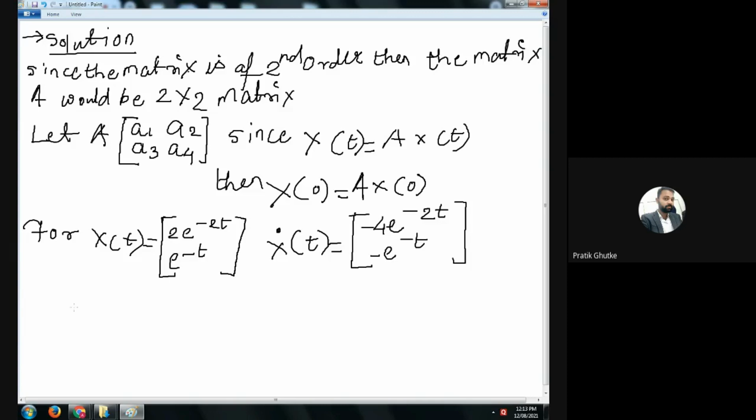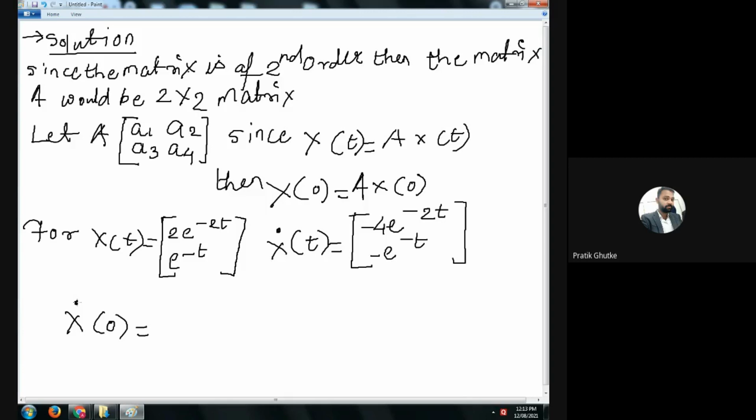As I have x dot of t, I can also calculate x dot of 0. So put 0 where there is t.